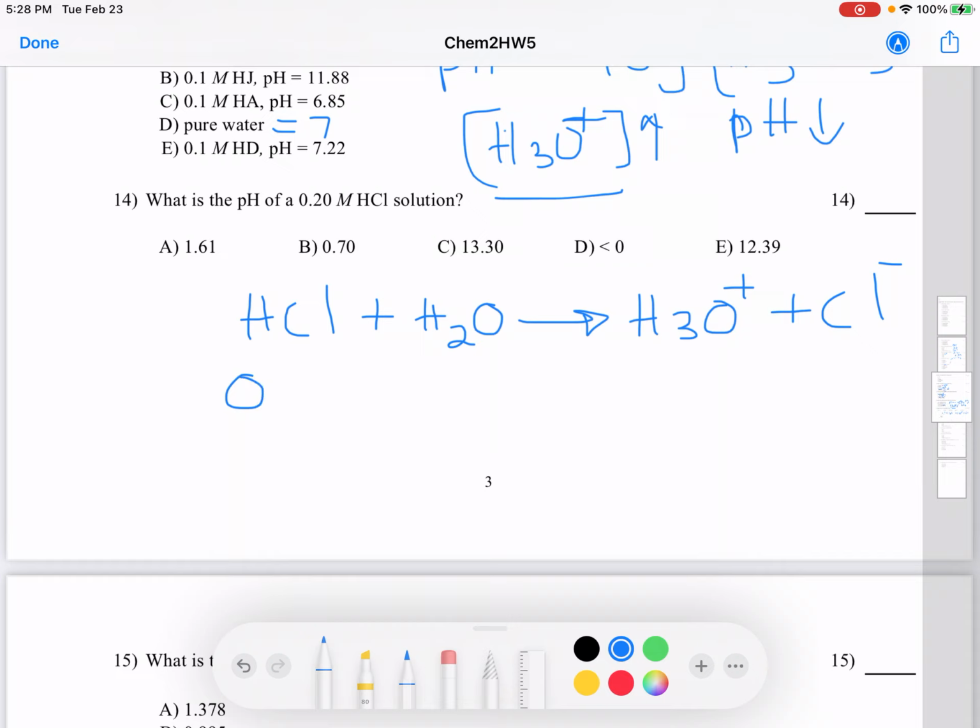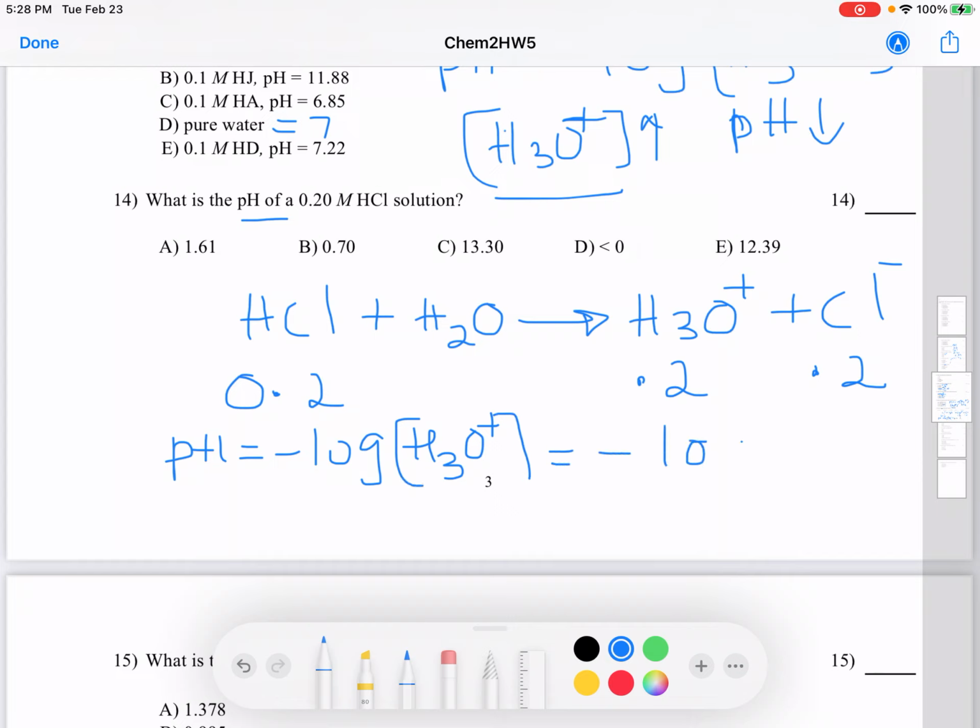If you start with 0.2 mole HCl, this would be 0.2, this would be 0.2, a 1 to 1 ratio. So we want to find the pH. Remember the pH equals negative log of H3O+ concentration, negative log of 0.2.